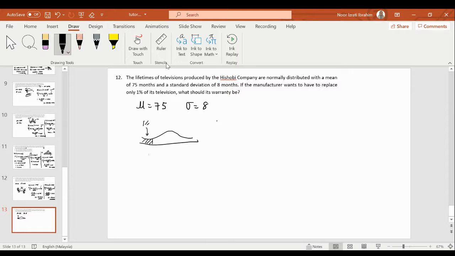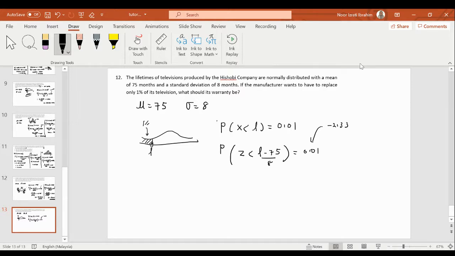So from here, this is the cut-off lifetime that we want to find. I will denote it as L. We want to find the L where the probability X less than L is given as 1%. So transform the X to become Z. And then from the table, the Z for 0.01 is negative 2.33.